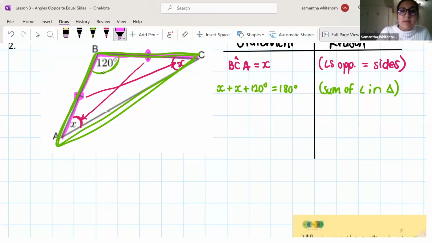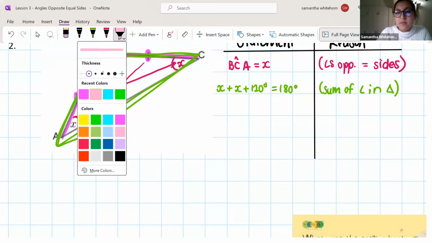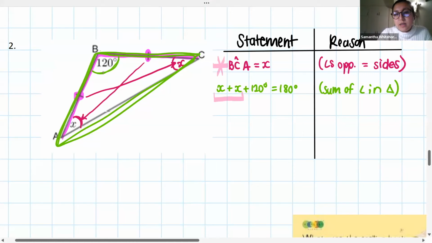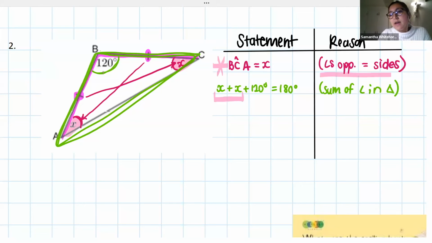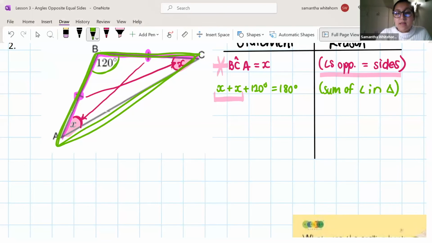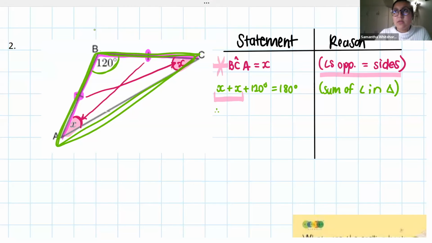If you do not make this first statement, you are assuming that you've got two X values. You have to show me that you know you've got two angles that are X because of angles opposite equal sides before you can go and use sum of angles of a triangle. Otherwise, you are making an assumption. So it's really important that you make that first statement.